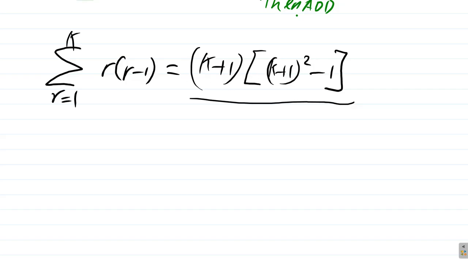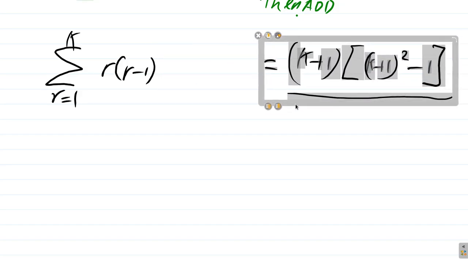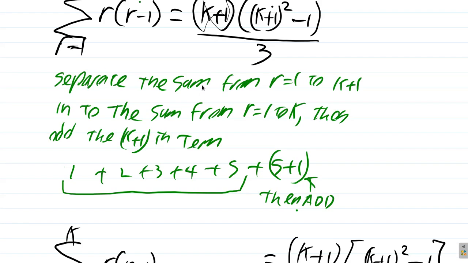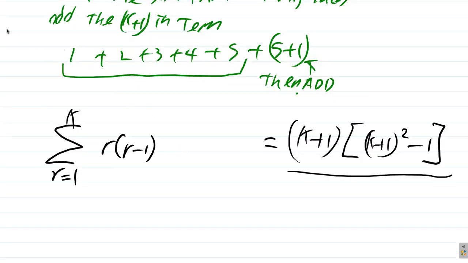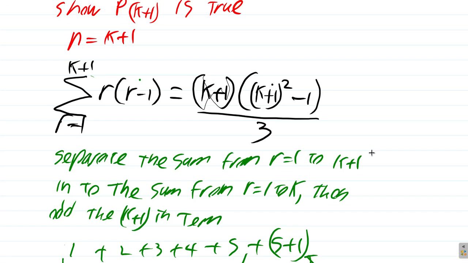Oh, I missed out something. We separate this into the sum from r equals 1 to k, then add the k plus 1th term. So we're going to say plus the k plus 1th term is equal to this. It's over 3, right?